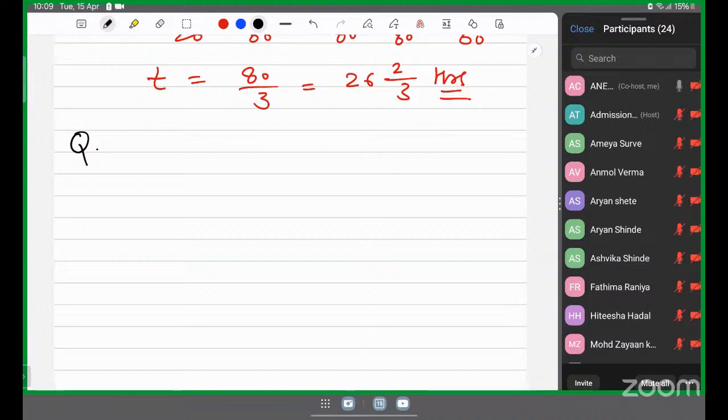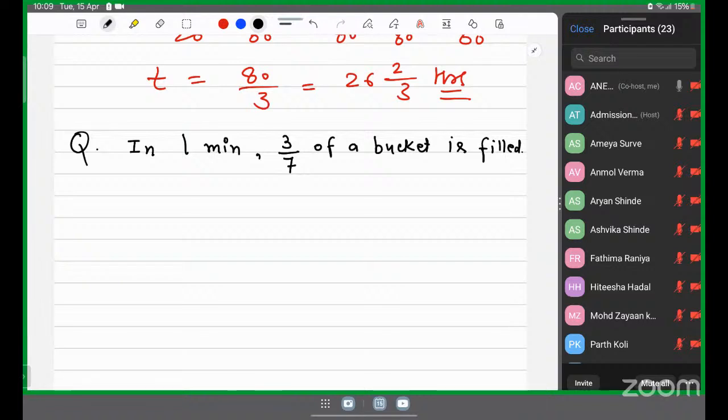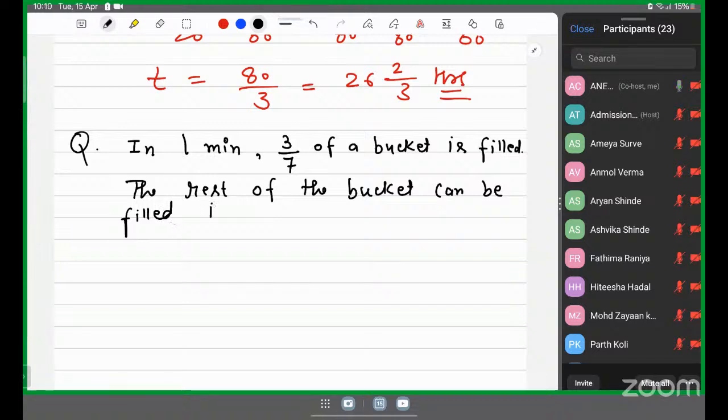Question is, in 1 minute, 3/7 of a bucket is filled. The rest of the bucket can be filled in what time?